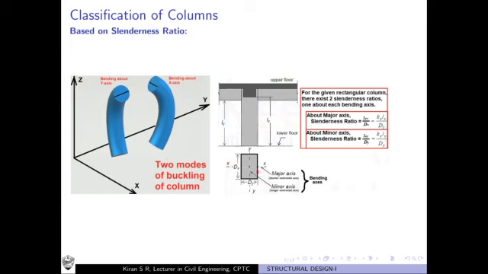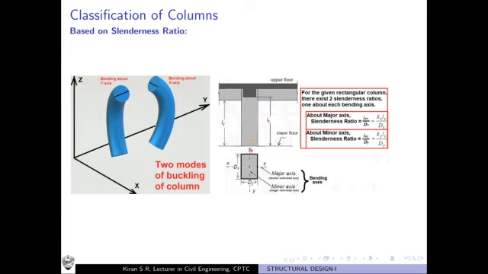But in the case of rectangular columns, you have to define one axis in a direction parallel to one of its edges, and the other axis should be perpendicular to it.